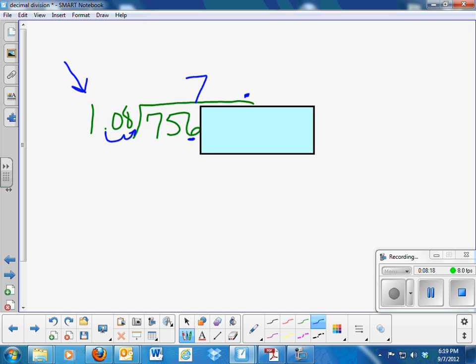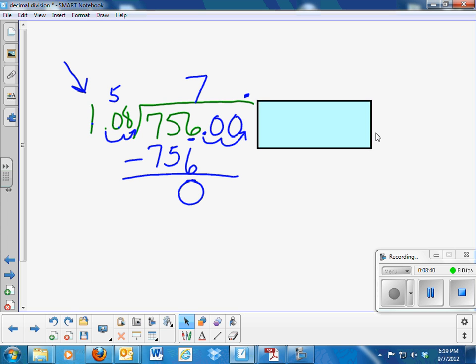Now I multiply 7 times 8 is 56. I write the 6 down. I carry the 5 to my tens place over here over the 0. 7 times 0 is 0, but I have to add that 5 that I had previously carried, and then now I have 7 times 1 is 7, and I subtract, and I have 0. Can 108 go into 0? No. I'm going to move this index card.